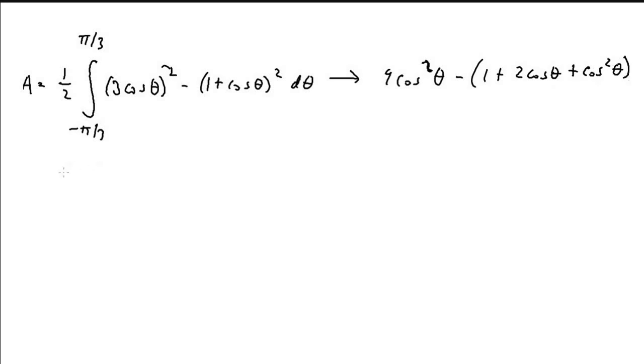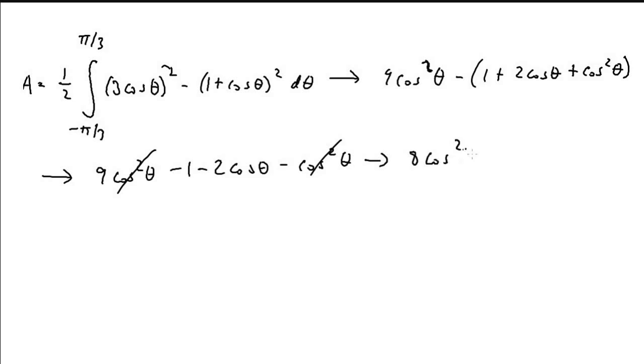If I distribute the negative, we'll get 9 cosine squared theta, minus 1, minus 2 cosine theta, and minus cosine squared theta. And so 9 cosine squared minus 1 cosine squared gives us 8 cosine squared theta, minus 1, minus 2 cosine theta.